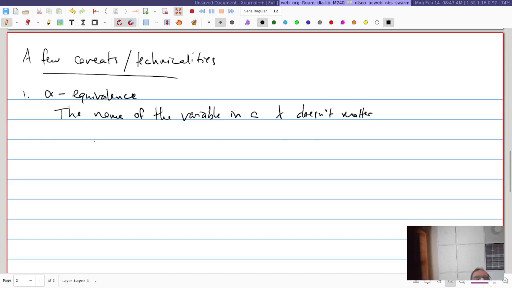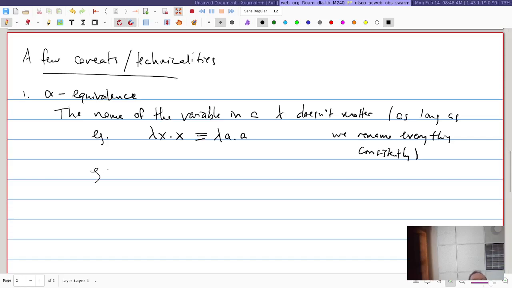So for example, lambda x dot x is the same as, in some sense, lambda a dot a. Right? Those represent the same function, even though they're written literally differently. But the name doesn't matter, as long as we rename everything consistently.